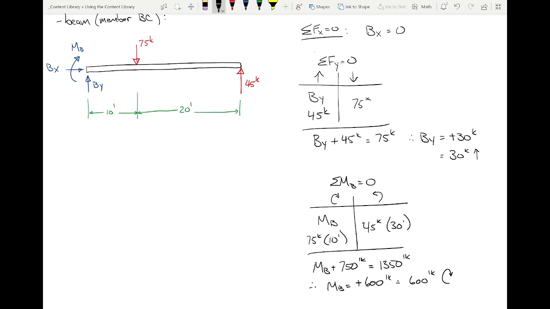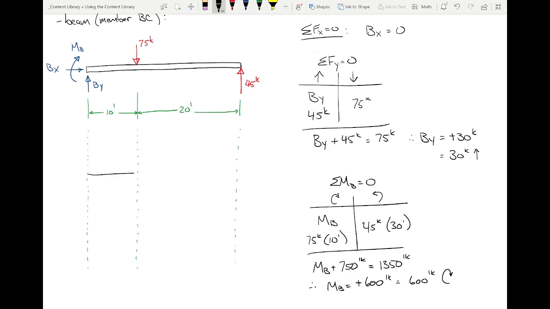Right? So now what we can do, because this is a horizontal member, is we just do this sort of the same way. And then we'll probably be able to end lecture pretty early, 10 minutes.